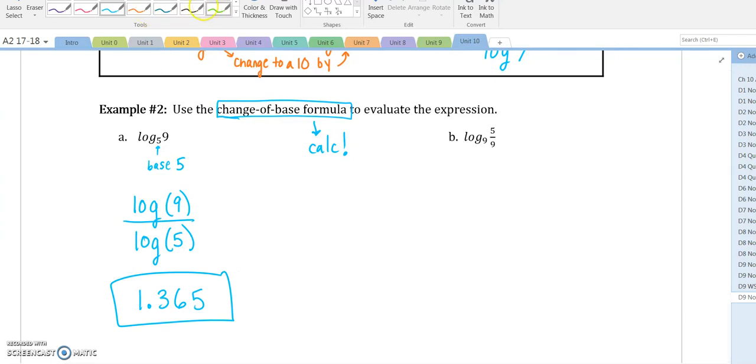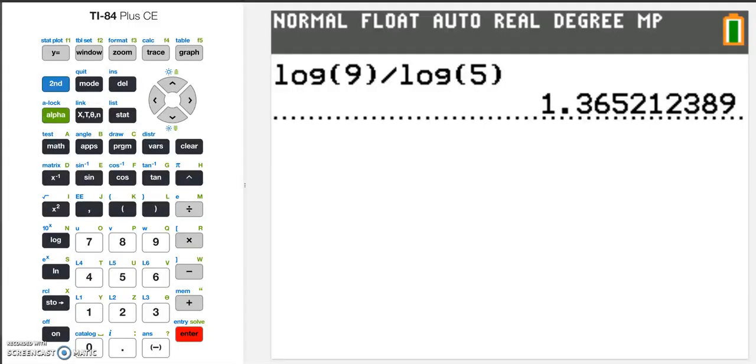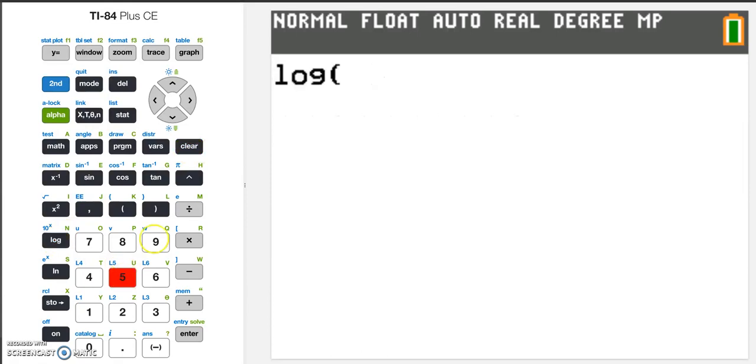Same kind of thing in letter B. Again, it's a base 9. That's not 10, so I have to use the formula. So I'll do log of the upper number, 5/9, and divide it by log of my base, which is 9. So again, log of 5/9 divided by log of, what was it?